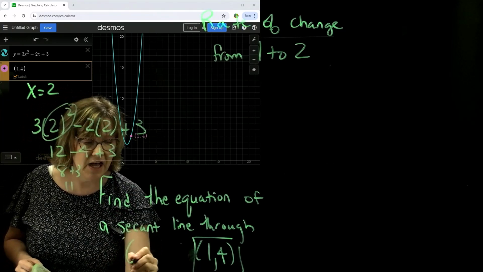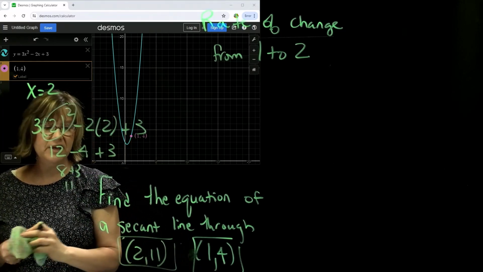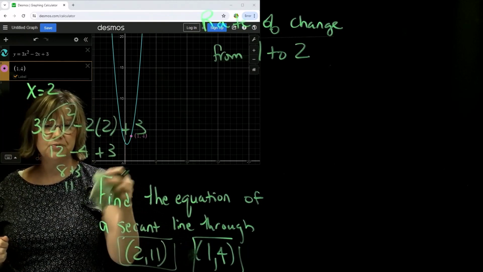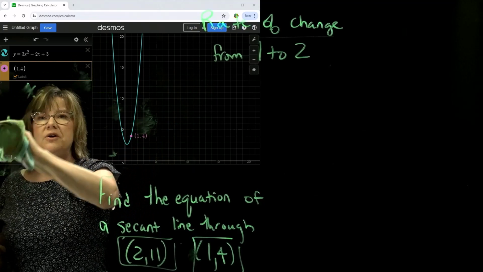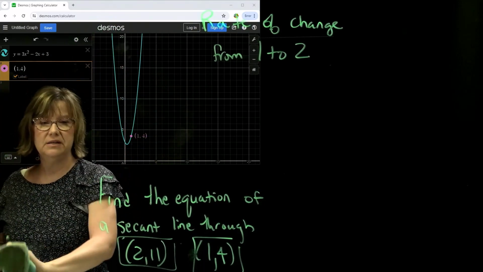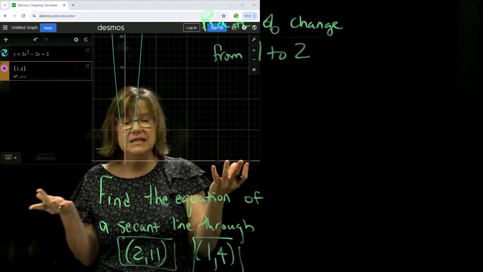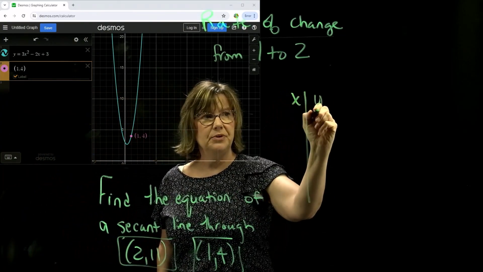Okay, and I'll know if I make a mistake in a little bit. So eventually we're going to find the secant line between these. Right now we're going to try to find the rate of change because I need to know my slope first before I can do anything else. That's how it's changing. I need to know how it's changing. All right, so here we have input and output.